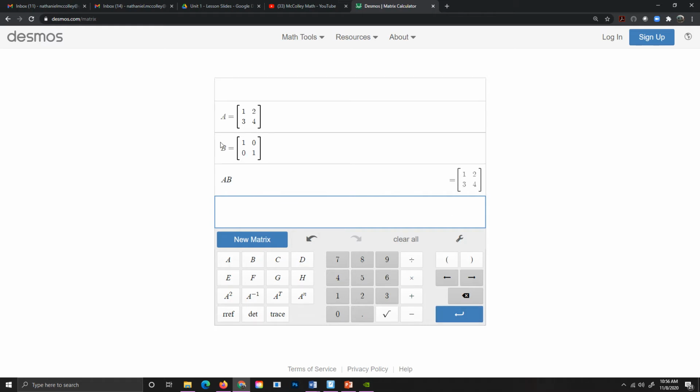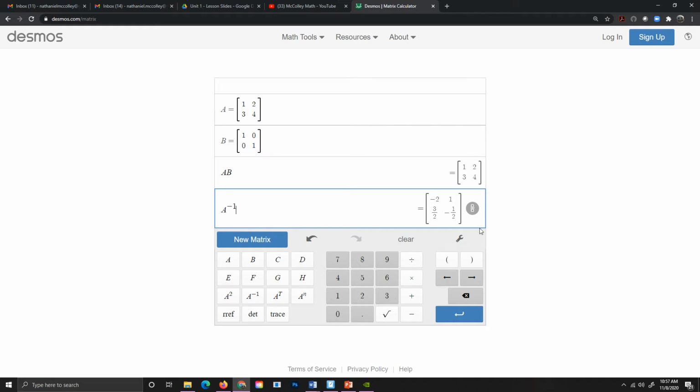Desmos has kept A and B both in its memory, and so if I want to find A inverse, I'm going to hit A, and then you'll see down here you can square a matrix, find the inverse of a matrix, transpose a matrix, and raise it to a certain power, but we want that value there.